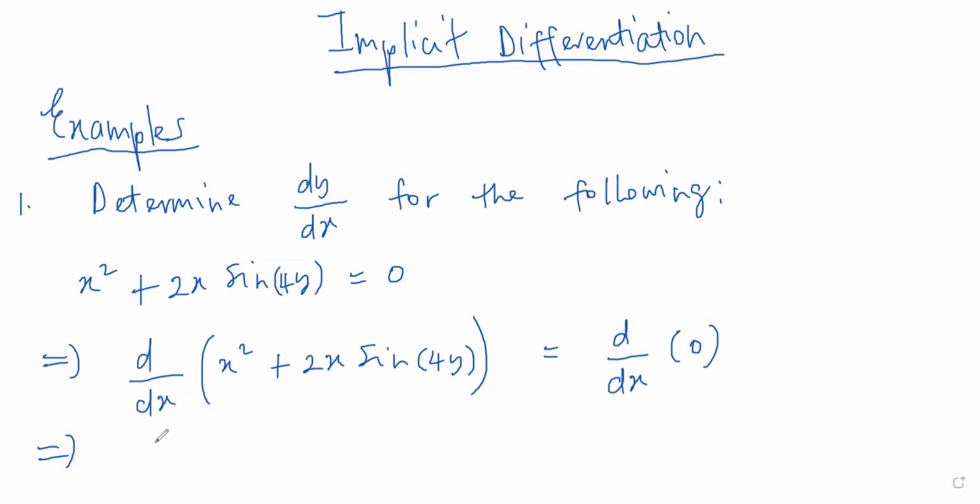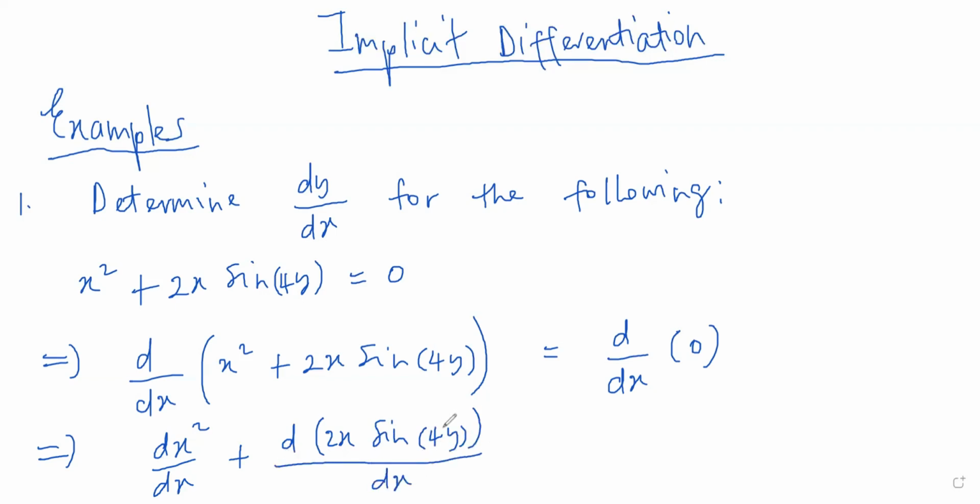The left side gives us the following. So we're going to go ahead and differentiate each of the terms of the left side. So that gives us the derivative of x squared with respect to x plus the derivative of 2x multiplied by sine of 4y with respect to x.